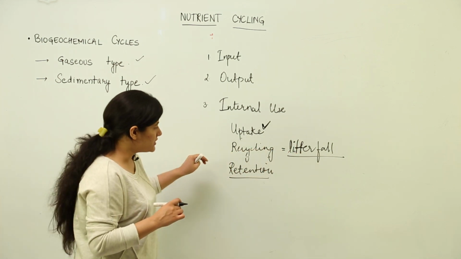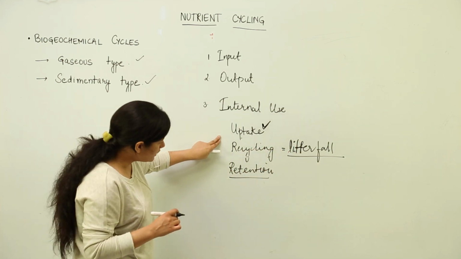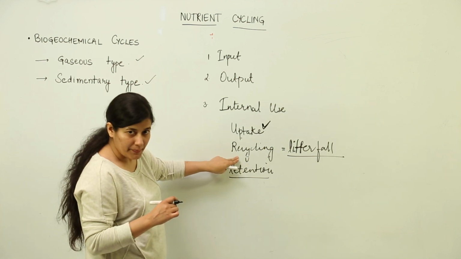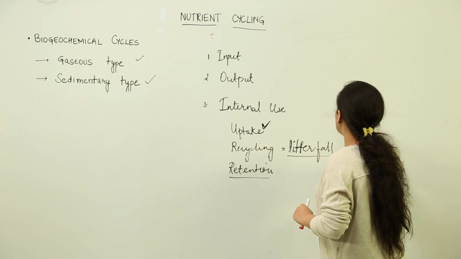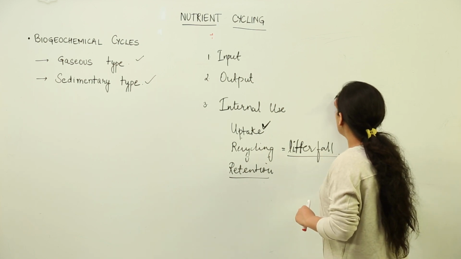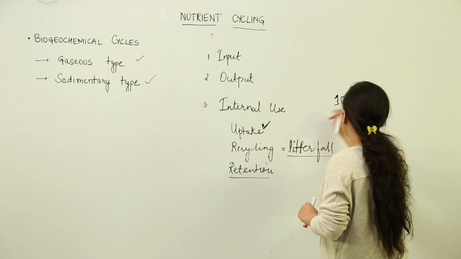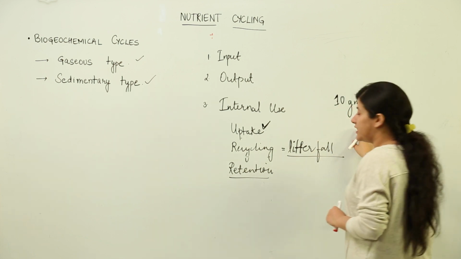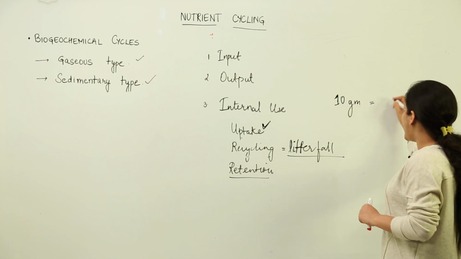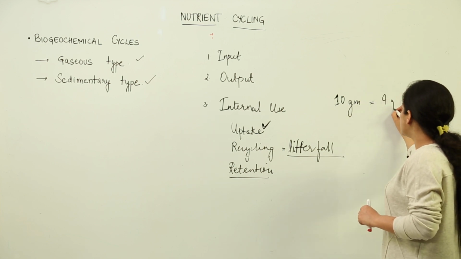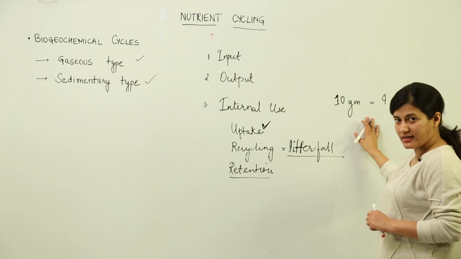At times the uptake is going to exceed the recycling. Supposedly the plant has taken 10 grams of nitrogen. I'm just giving you an example, don't take the example literally. 10 grams of nitrogen has been taken up by the plant, and it happens to add 9 grams of it into litter fall once it has died.